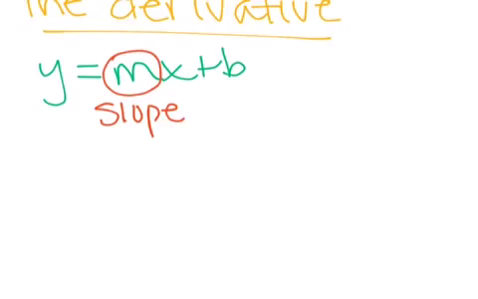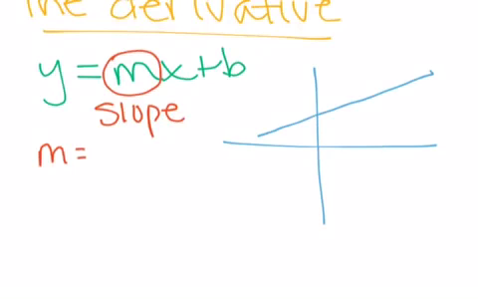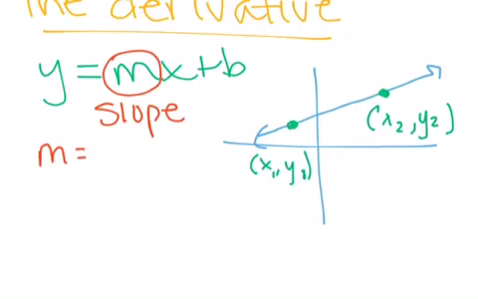Okay, and we find this slope m by taking 2 points on this line. So if I have a line that does something like this, I need 2 points, any 2 points, which I will call x1 and y1 for my first point, and x2, y2 for my second point.